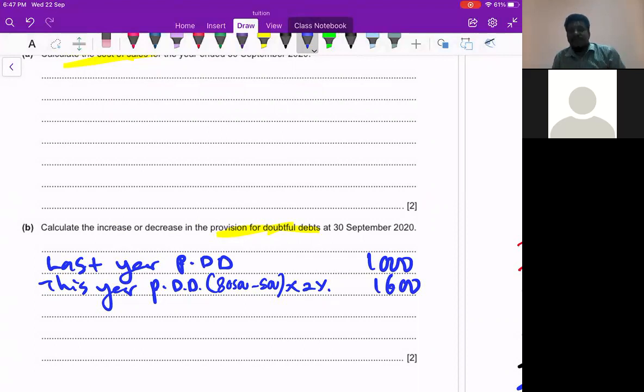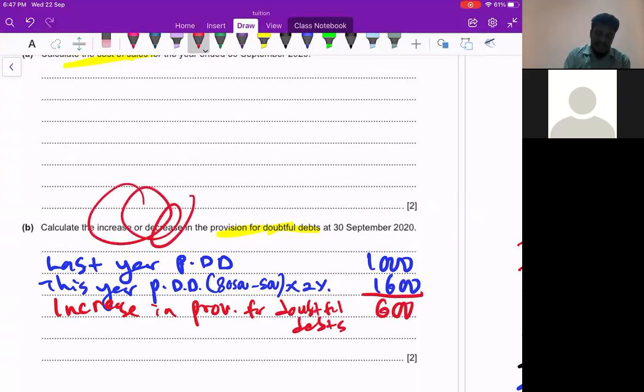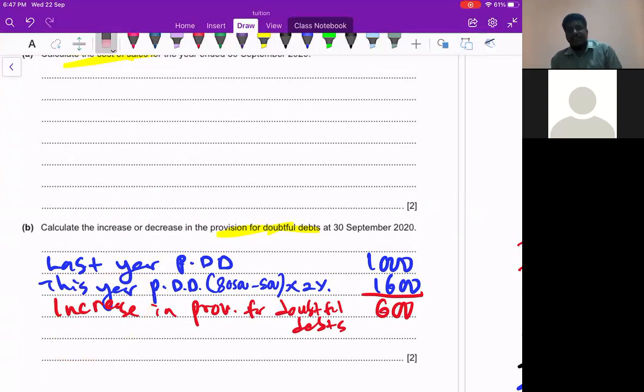So is there an increase in PDD or a decrease in PDD? There's an increase in PDD, and you must write increase: 600, right? Increase in provision for doubtful debts. Must write because they're asking increase or decrease and how much. So you must clearly say it's an increase.